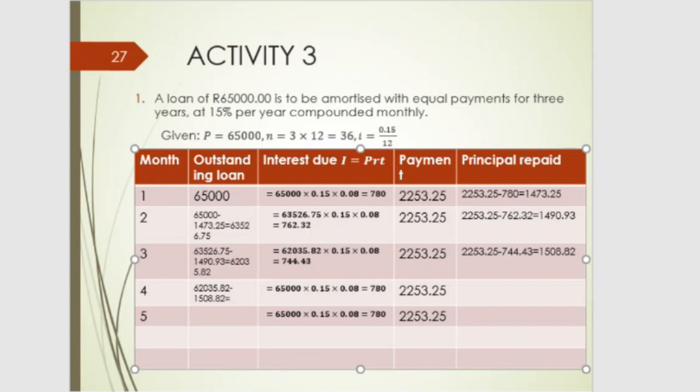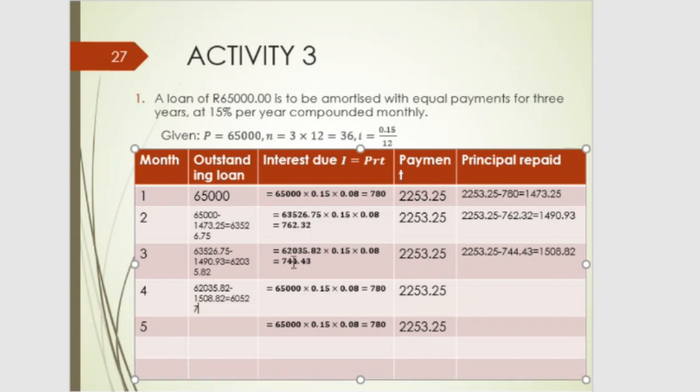This should give you something, let's see, 62,035.82 minus 1508.82 is giving me 60,527.